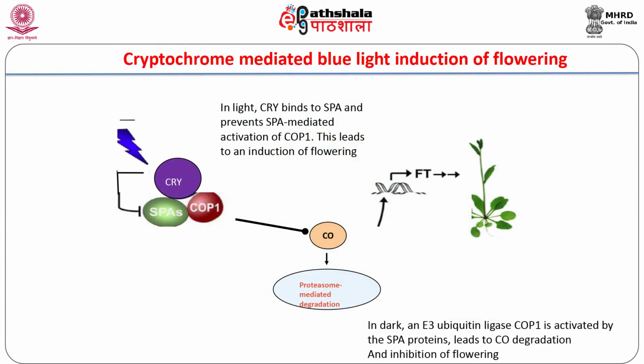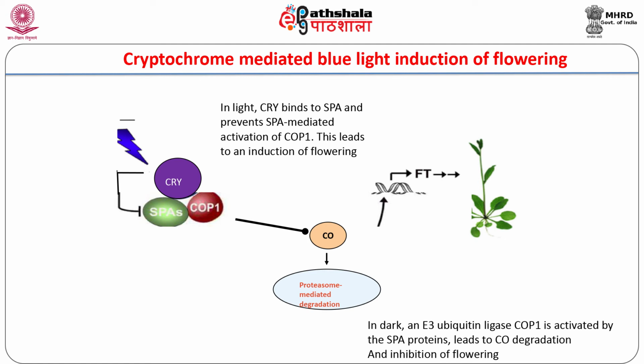Now let us see how cryptochromes regulate flowering. Cryptochromes mediate flowering in a similar manner as phytochrome A and opposite to that shown by phytochrome B. In the dark, an E3 ubiquitin ligase called constitutive photomorphogenesis 1 or COP1 is activated by the SPA proteins.